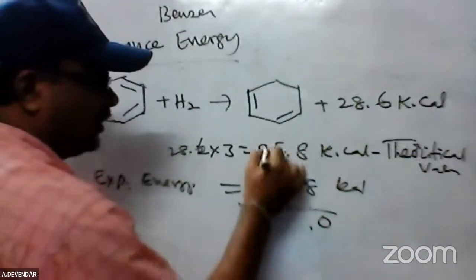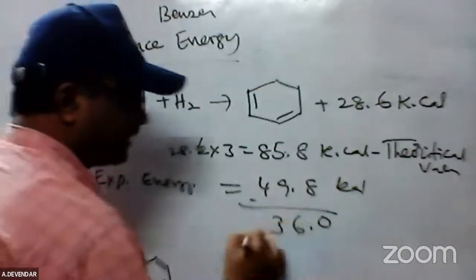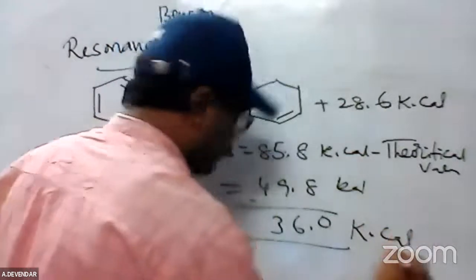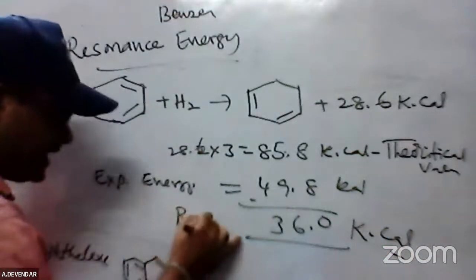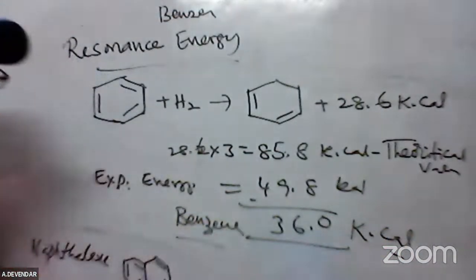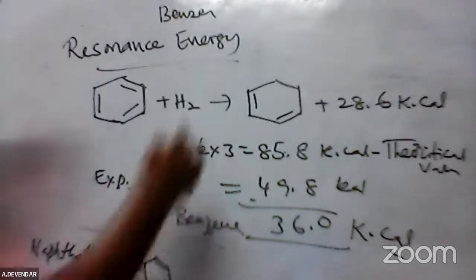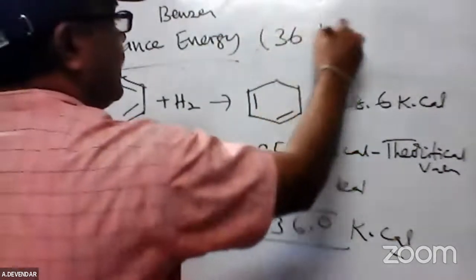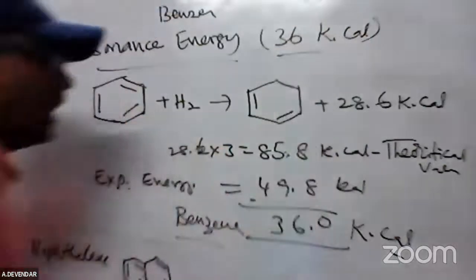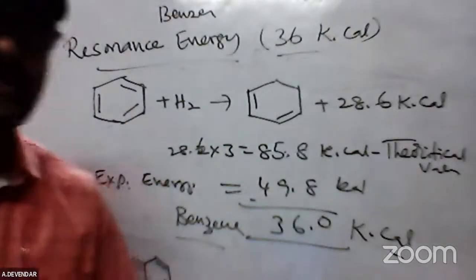So 85.8 minus 49.8 means 36 kilocalories. So the resonance energy of benzene is 36 kilocalories. This is a very important multiple choice question: how much is the resonance energy of benzene? 36.